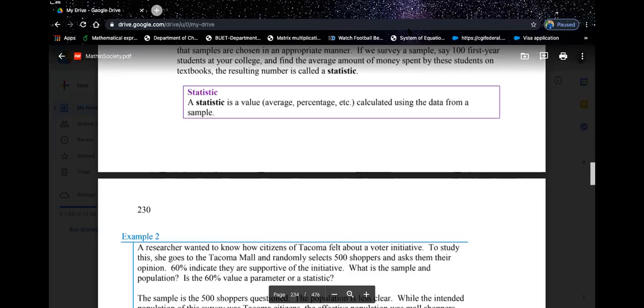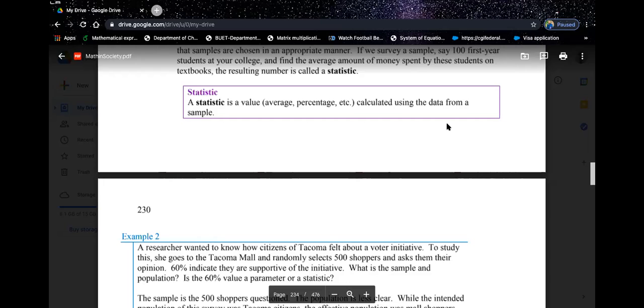Now, about the population, it looks like the citizens of Tacoma, the people of Tacoma, is the population. But we are collecting data from a shopping mall. You could also define that all the shoppers at that mall is our population, because you are only picking up people from that particular place.